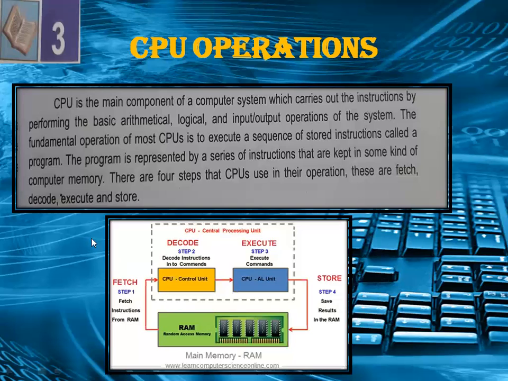So there are 4 steps that CPU use in their operation. These are fetch, decode, execute, store, and then again fetch, decode, execute, and store. So it's a cycle. Every time CPU fetch the instruction, then execute, and then store and send back to the main memory.